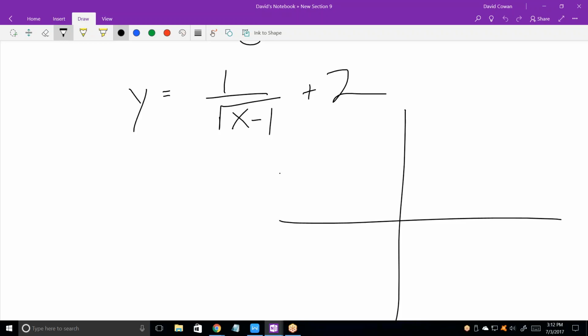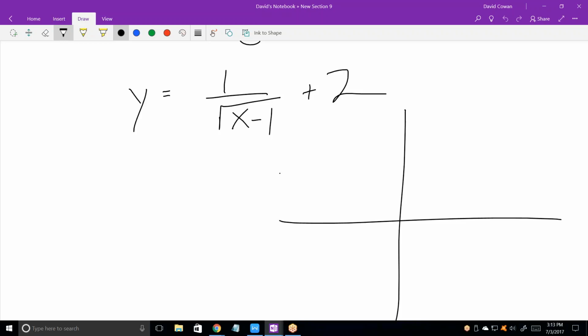Now, just to let you know, there's a way to graph this manually without a graphing calculator. First of all, I figure out where my vertical asymptote is. Are you familiar with that word? No. All right. Let's not go there then.